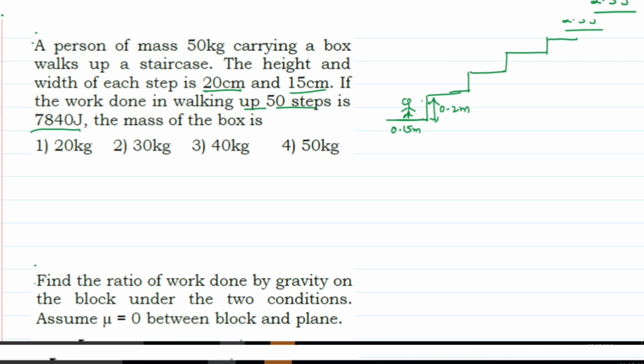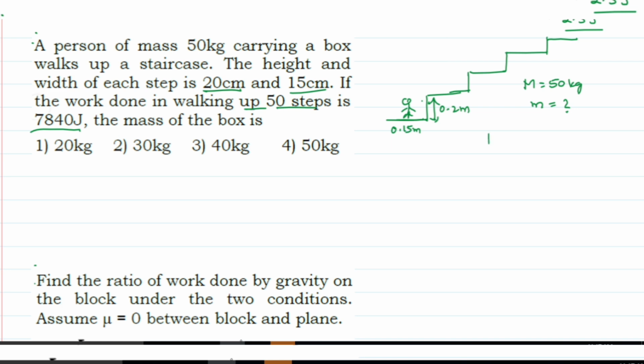So let us see, mass equal to 50 kg, and they are asking for the mass of the box. Here the person is doing work against the gravitational force, so the work done is stored in the form of gravitational potential energy.